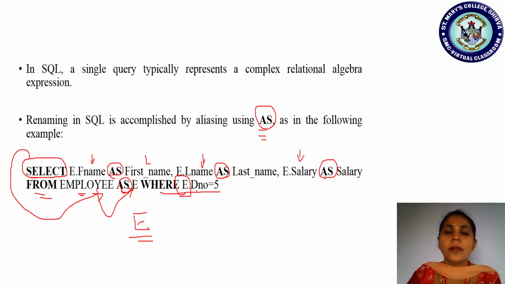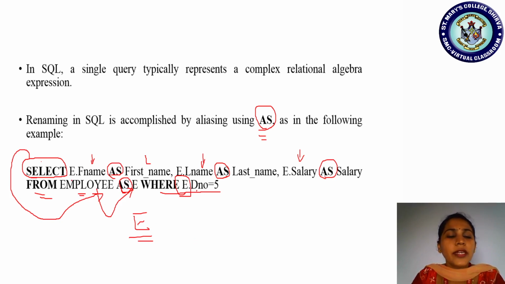D number is a column. Yes, so D number equal to 5. So with this, how many records will be displayed? 4 records will be displayed. That is, only 4 employees work in department number 5, right? So Joyce, Franklin and all, which we have just now seen in our examples, will be fetched.